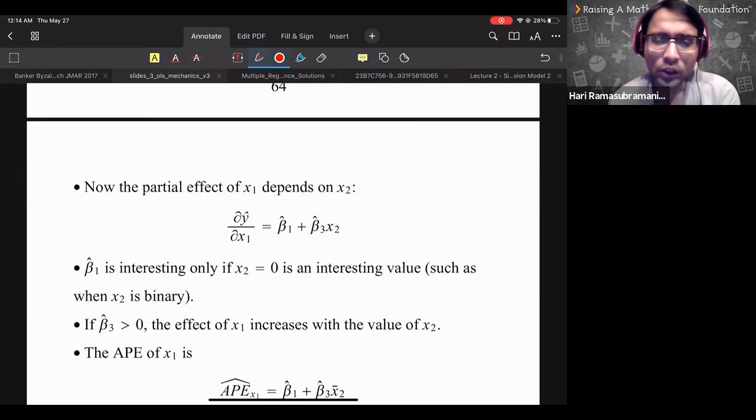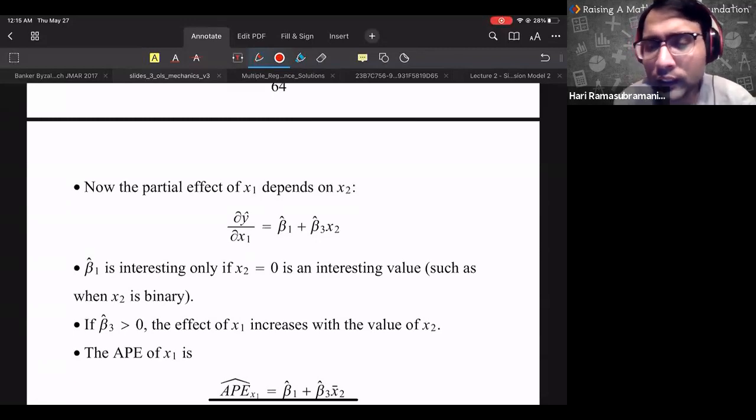Okay. So if beta 3 hat is greater than 0, then we say that the effect of x1 increases with the value of x2. So if x2 goes up, then the effect of x1 also is increasing.